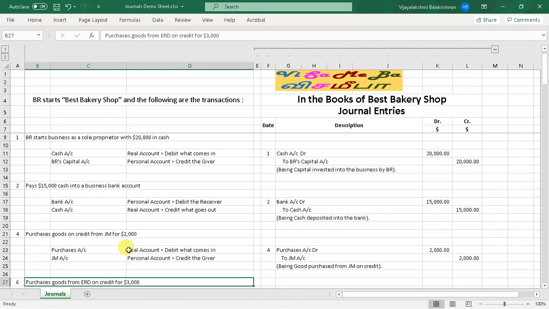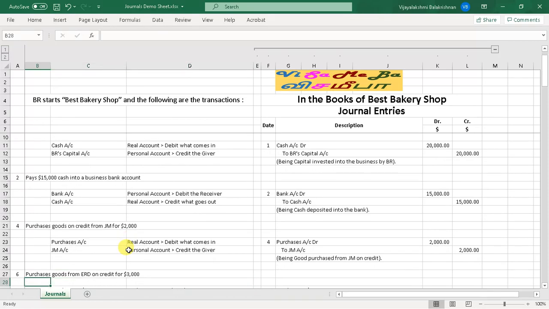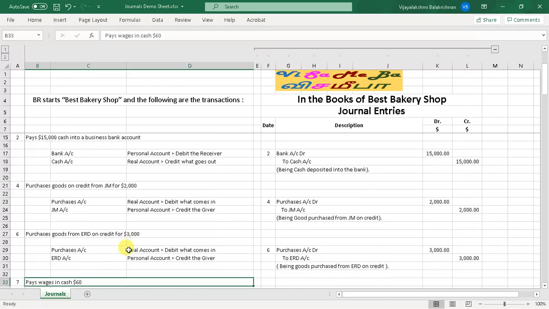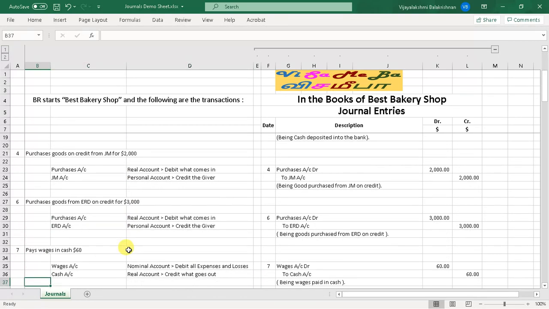So the next transaction is purchases goods from ERD on credit for 3000. So again, it's a credit purchase. Whenever it's goods for resale, it should come under purchases. So purchases account debit to ERD, because we have not paid them yet.